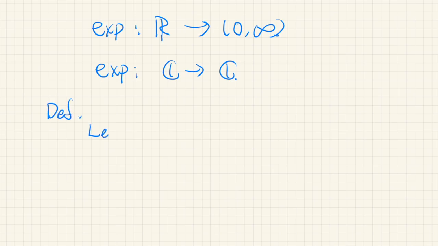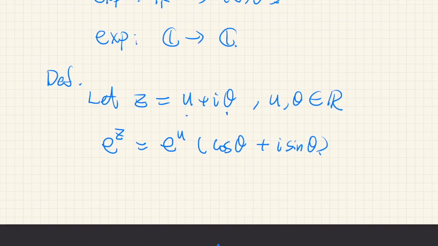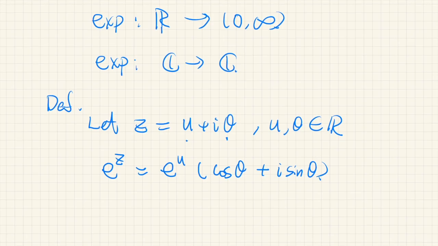Okay, let a complex number z be u plus i theta, where u and theta are real. Okay, real part and imaginary part. Then we define e to the power of z as this: e to the power of u times (cosine theta plus i sine theta). Don't get confused. We are now defining this left-hand side.